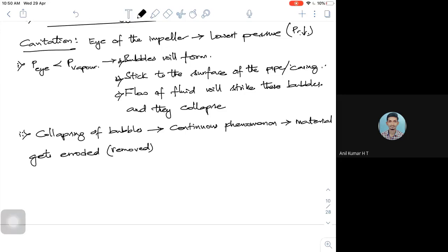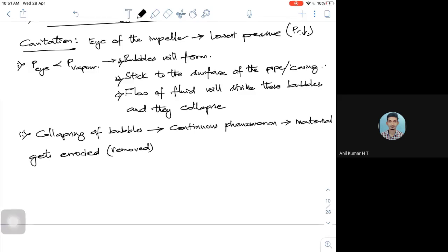Then the fluid which is coming in will collapse these bubbles, and if it becomes a continuous phenomenon, the material will start coming out, and this phenomenon we call cavitation.